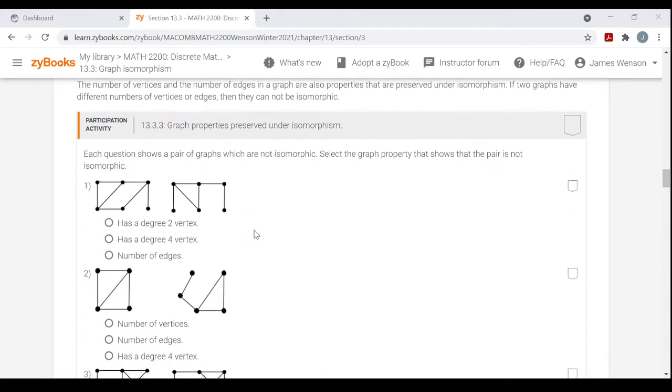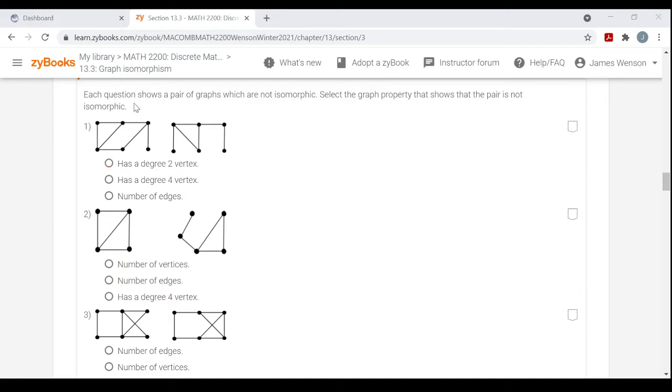Look here. Each question shows a pair of graphs which are not isomorphic. State why they're not, and they give you some options. Well, they have the same number of vertices, both have 6 vertices. This has 1, 2, 3, 4, 5, 6, 7 edges. This has 1, 2, 3, 4, 5, 6.